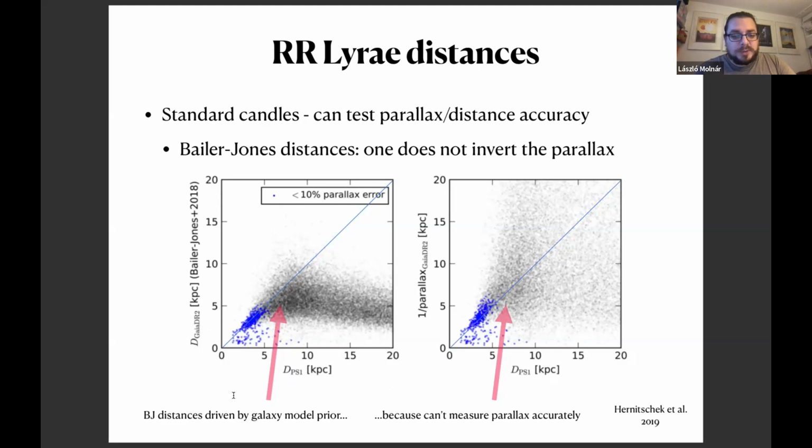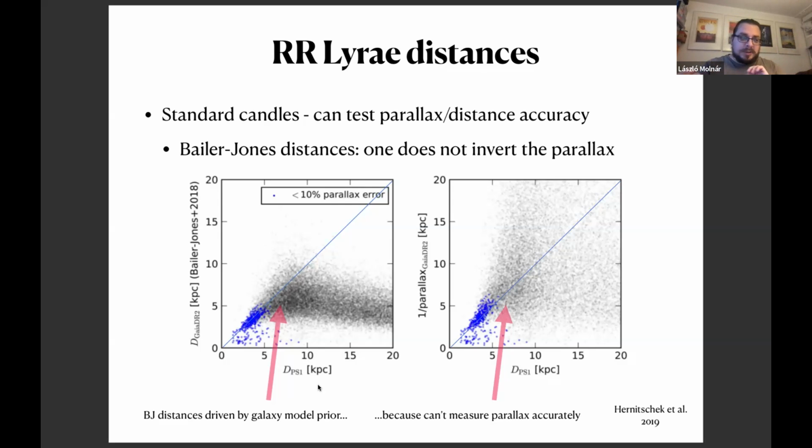And one important thing to note here is that the main reason we have the Bailer-Jones distances is that it's not the best technique to just invert Gaia parallaxes, because they are not exactly just a number. They are a distribution of observations.